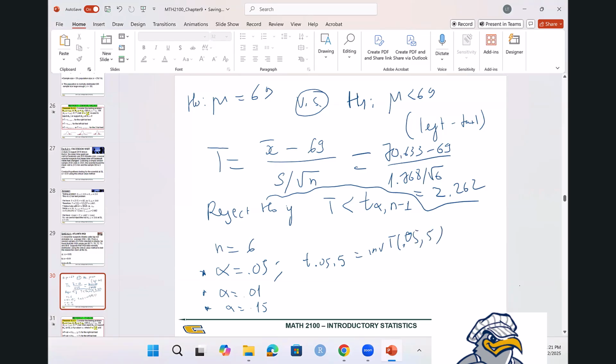The same thing for alpha 0.01 with inverse T of 0.01, and for 0.15 with inverse T of 0.15. Just plug in to see if in any case your T is less than those; if it is, you can reject H naught.